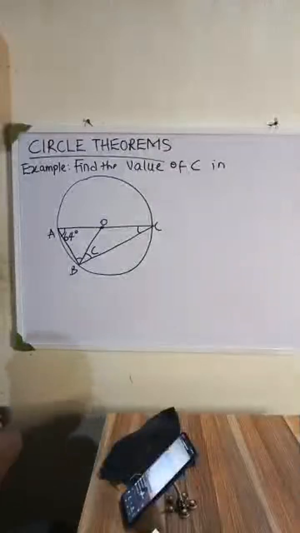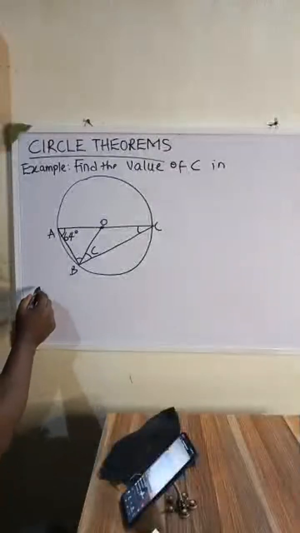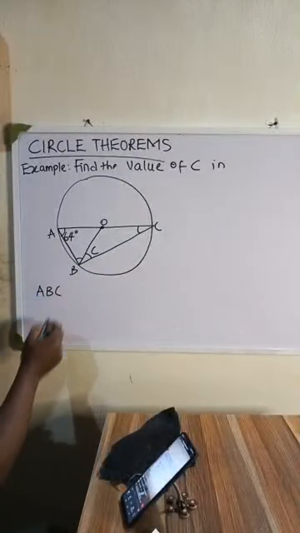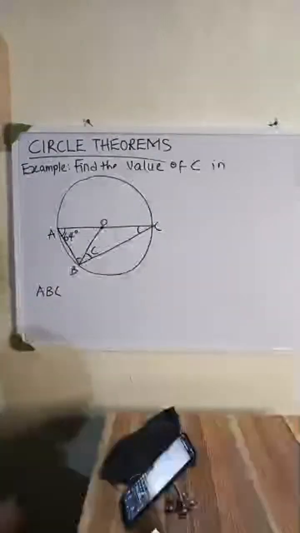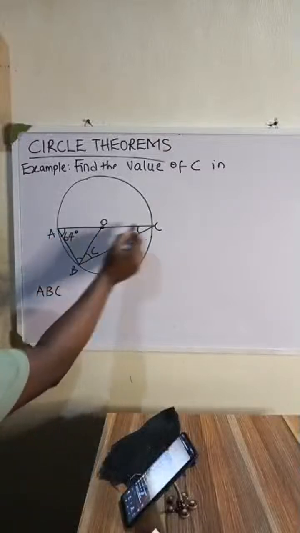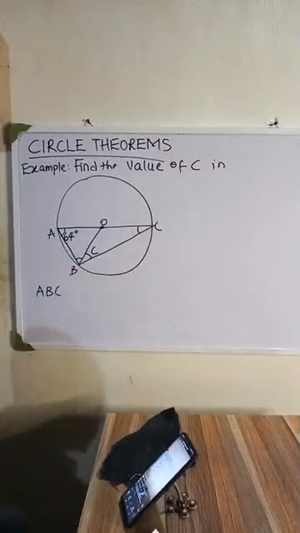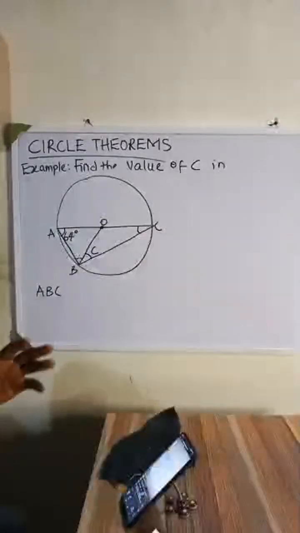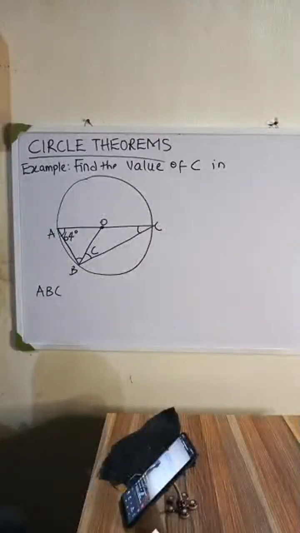So first, we can see that triangle ABC is inside a semicircle. Triangle ABC is inside a semicircle because this line AC is a diameter. Chidera, okay, 26.